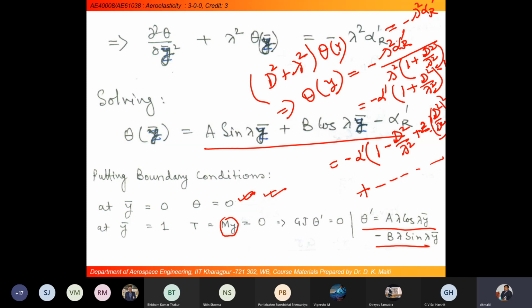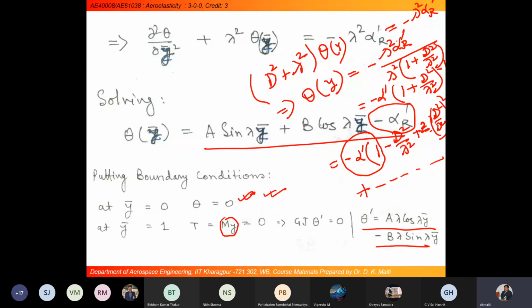As it is a constant, if I take higher order terms, anyway the differentiation will become 0. That's why I get only the first term, minus alpha r prime. That's what I have taken here. Is it clear? Yes, sir.